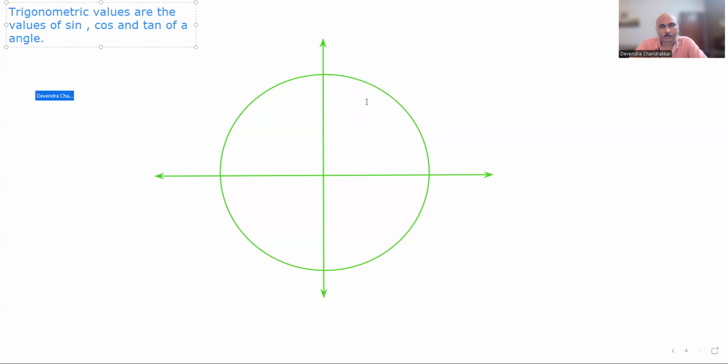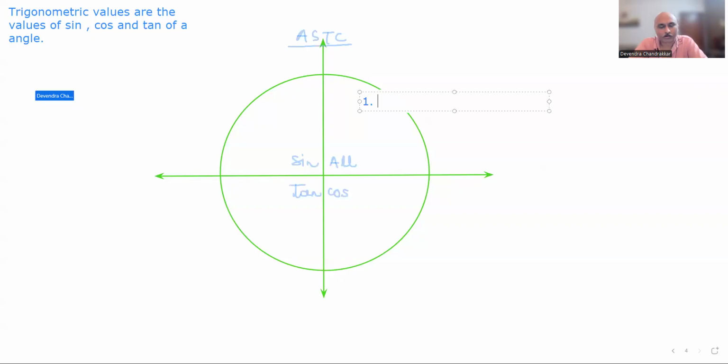For the first quadrant, I'm just mentioning the sequence first, and then I'll write the details. All, sine, tan and cos. All silver teacups. This is what you can remember, or you can remember it as ASTC, the acronym. Now, what does it signify?